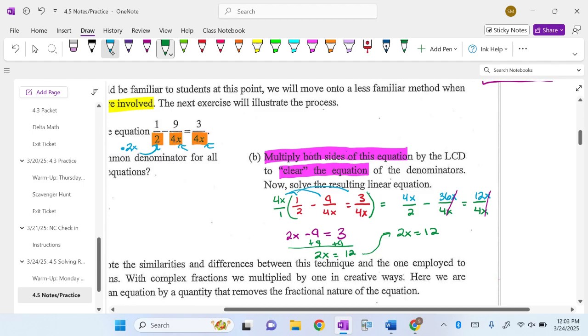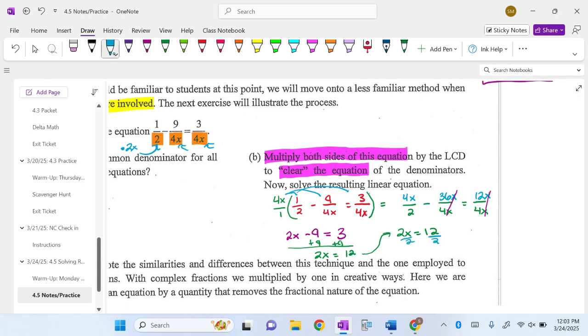Then what do I do? Divide by 2. So x is equal to 6. And then if I do a quick check in my original, 4 times 6 is 24, so we don't have to worry about zeros. So it is our actual solution. So the hardest part of these is just finding the LCD.